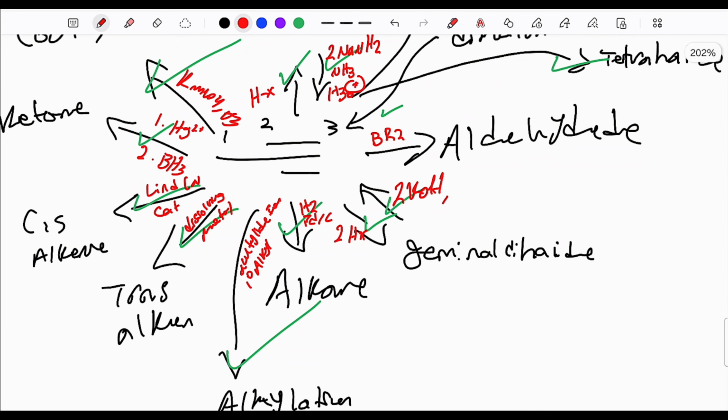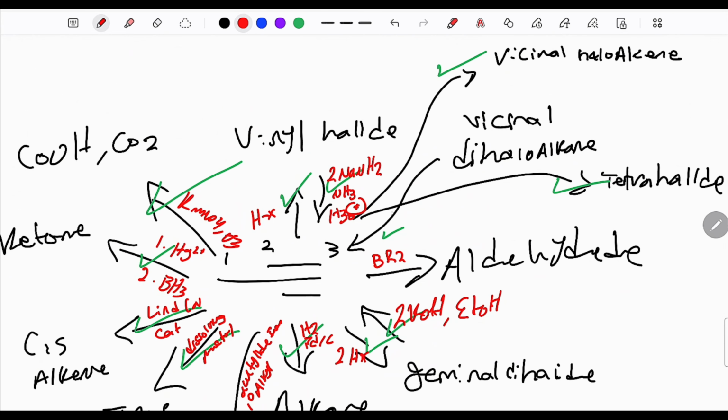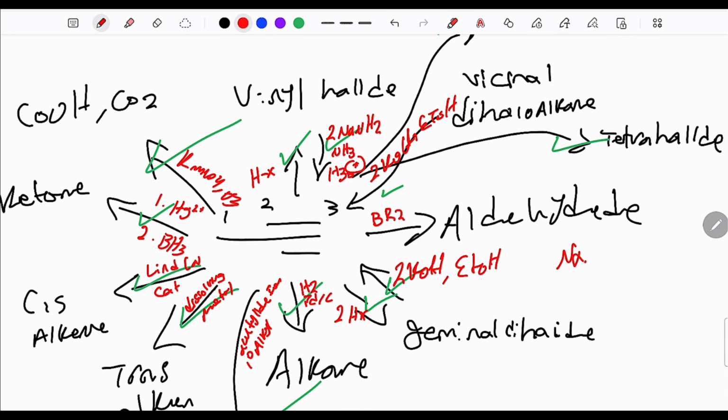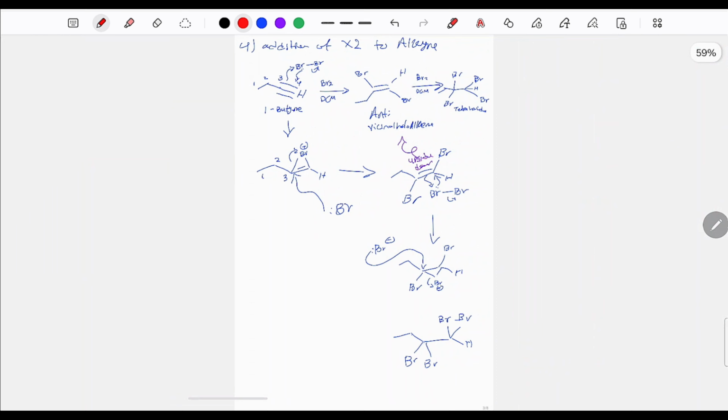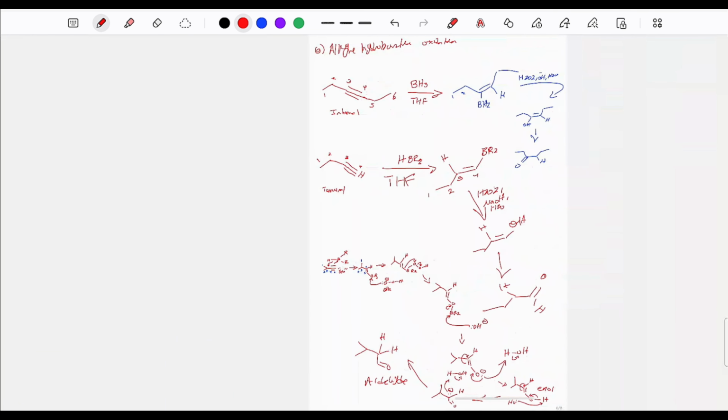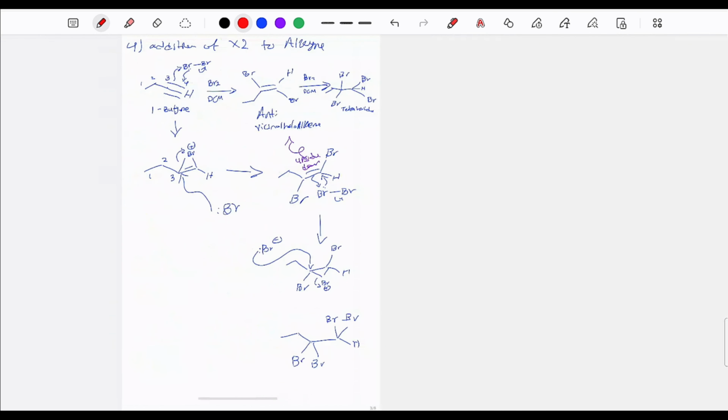It is an E2 elimination. Same thing with the vicinal dihaloalkane. We've already gone through the mechanism of this. Like we said, you could use sodium amide in liquid ammonia at minus 33 degrees Celsius, but not necessary. So these are all of the reactions we have to know for alkyne reactions.